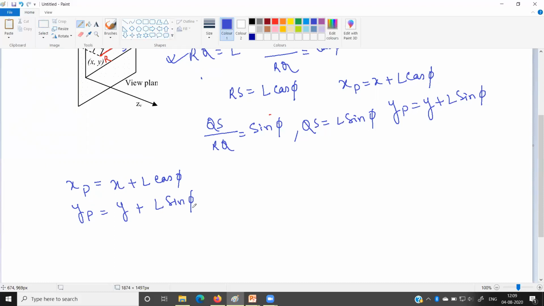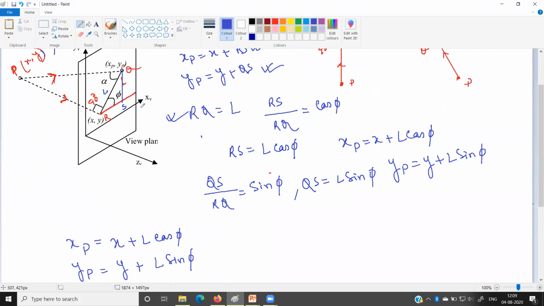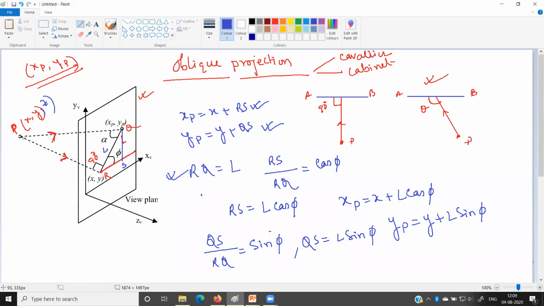Now there is another important observation which you can see, that we know that this is our L. Okay. And if this angle is alpha, this projection line which is coming from the point P, what length is it traversing?